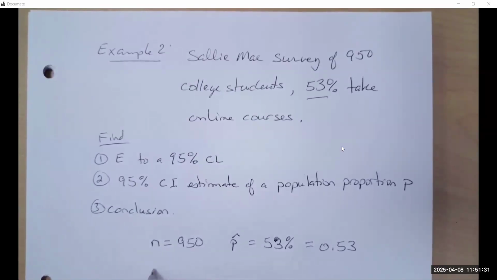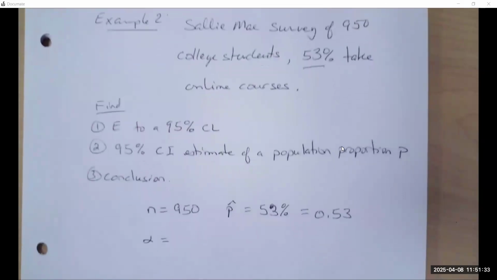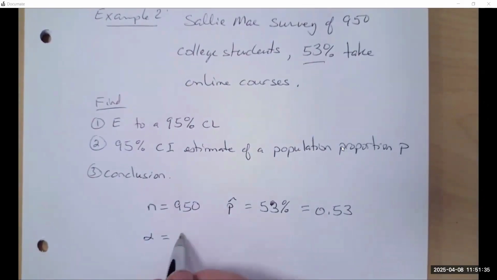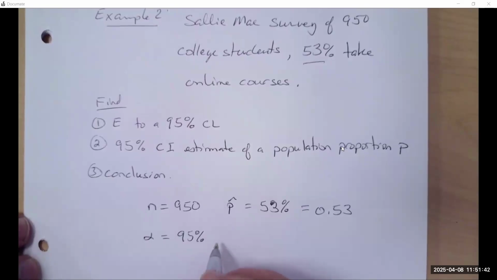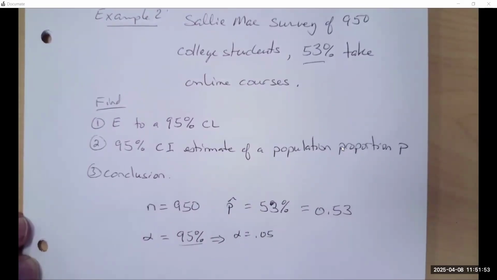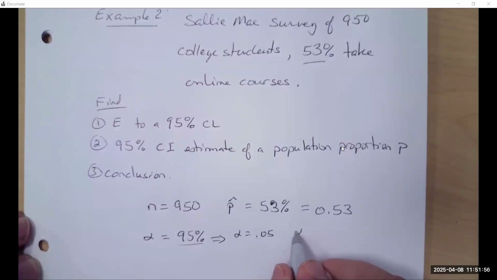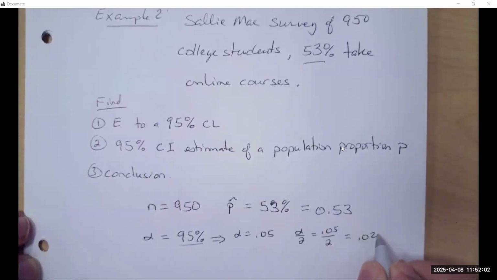What's our alpha? Yeah, we're looking at confidence at 95%. So we have to find that value. We have to convert that confidence level to the alpha, which is alpha equals 0.05. Alpha over 2 is 0.05 divided by 2, which is 0.025.